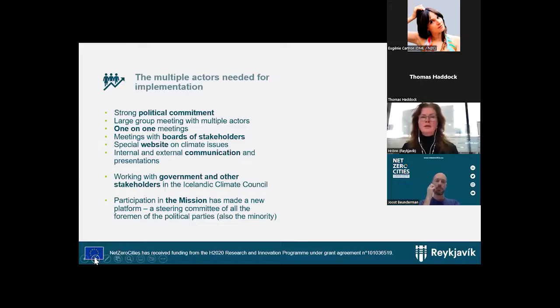In my opinion, it is very helpful to have strong political commitment. And of course, we as a mission city at least have a political commitment on being a mission city. So I find it very helpful to walk in that path.